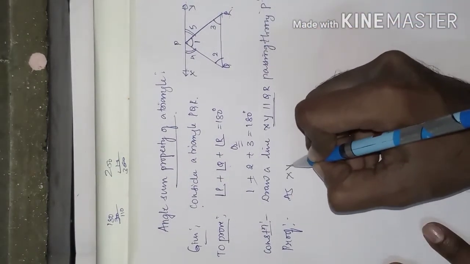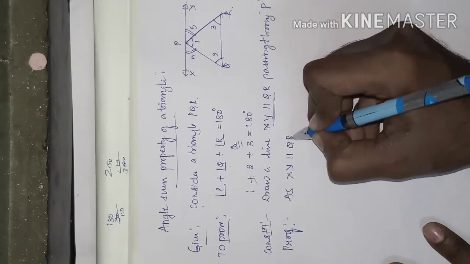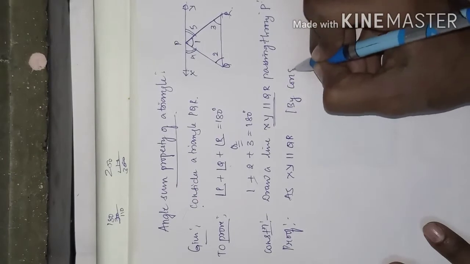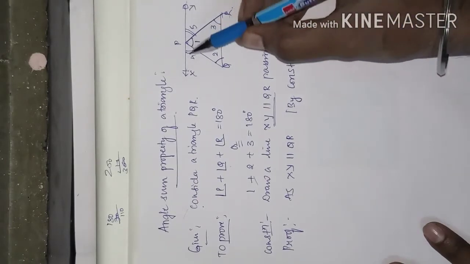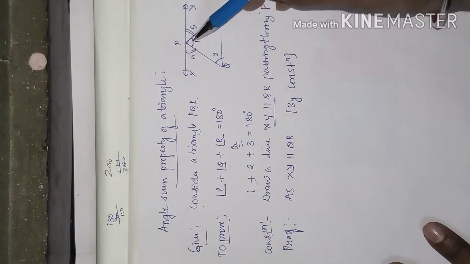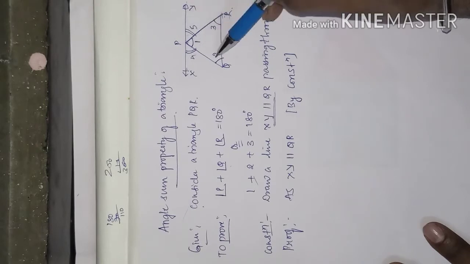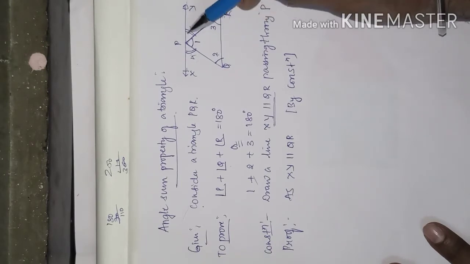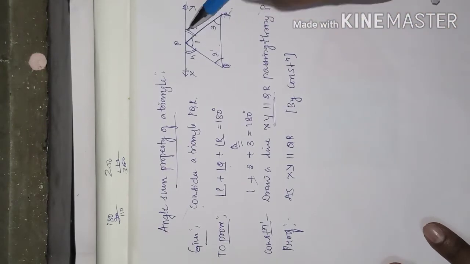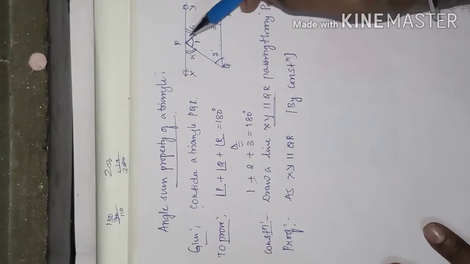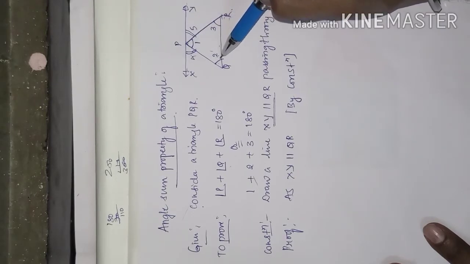As XY is parallel to QR by construction, can we say PQ is a transversal line? It means angle 4 is equal to angle 2. Alternate angles are equal when the transversal line passes through two parallel lines. Once again, as XY and QR are parallel lines and PQ is a transversal line, angle 4 is equal to angle 2 because of alternate angles.